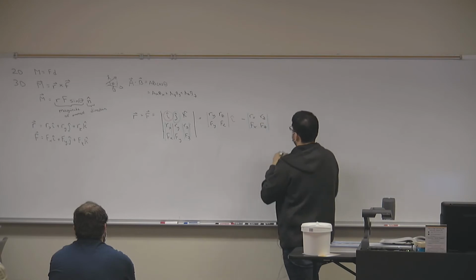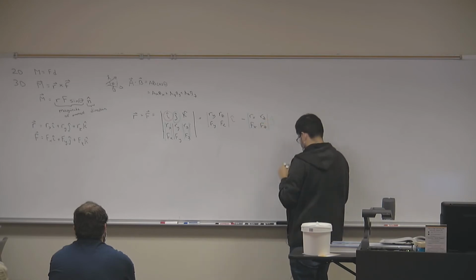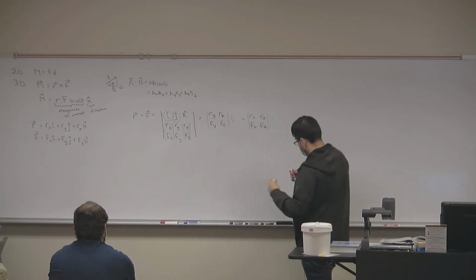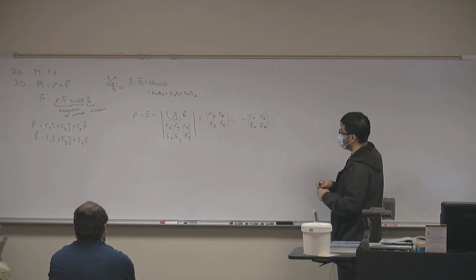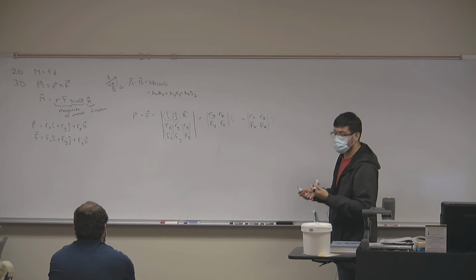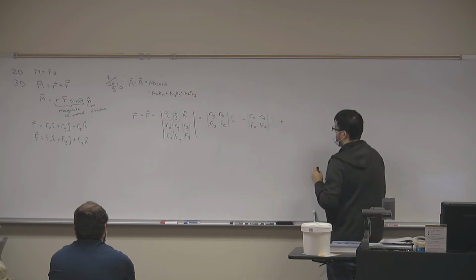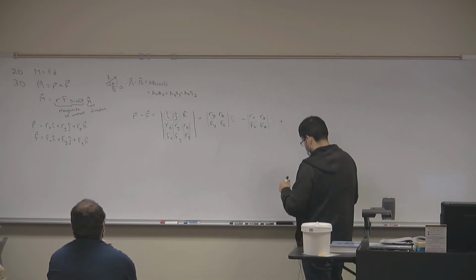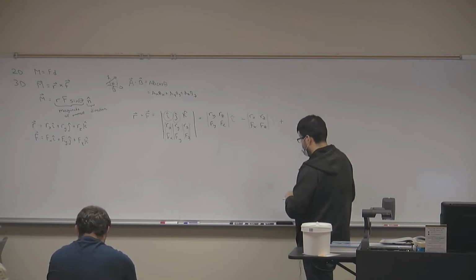And all of this multiplied by j hat. We started with plus, then minus. Now what? Plus. So plus, and now I will choose my k vector.